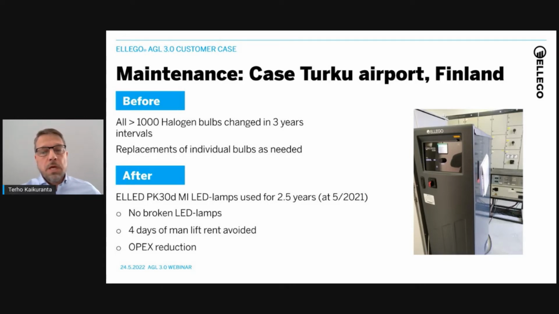And so far we don't have any broken LED lamps. So it's 2.5 years without bulb changes at all. So this of course means that the OPEX cost reduction has been occurring and maintenance working hours are avoided for that work. Again, this is from the real airport, real life example.